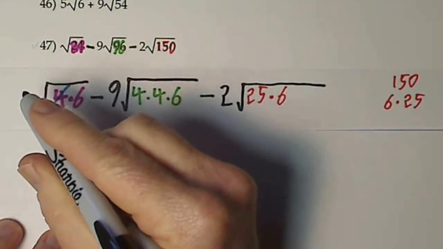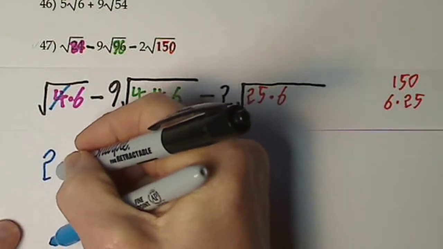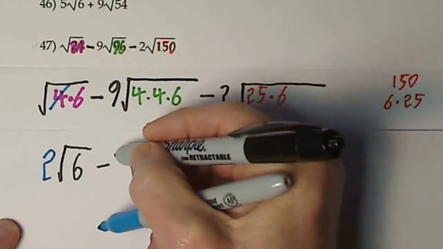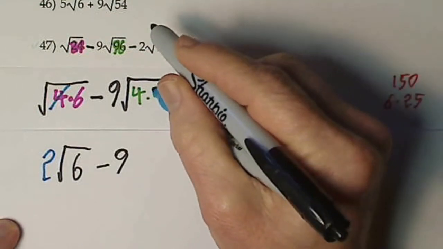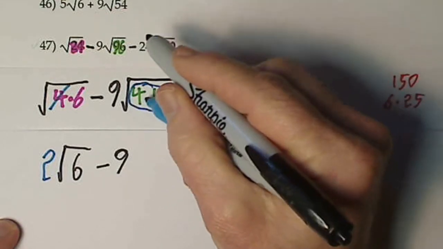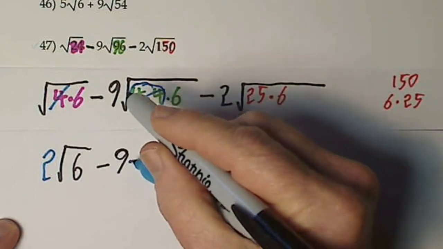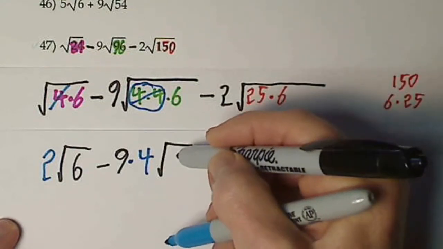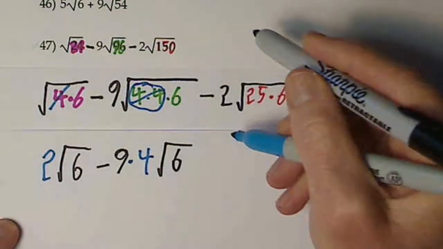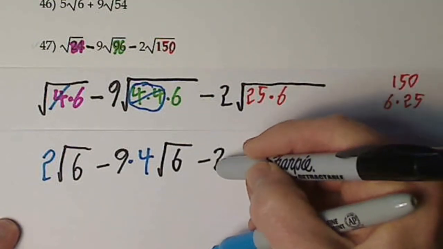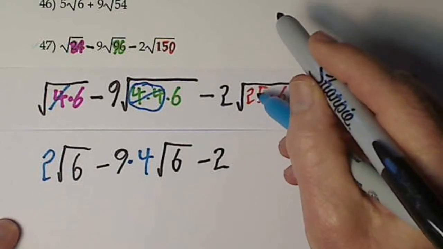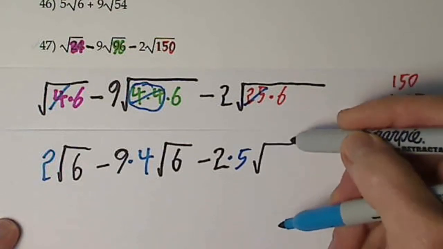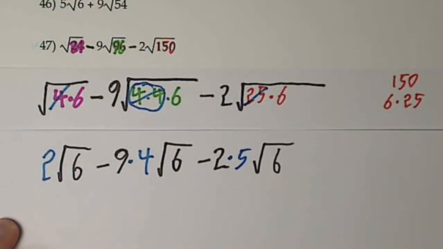Square root of 4 is 2, and we have radical 6. Bring down our minus 9. Okay. 2 of a kind. 4 times 4 is 16. So we bring out a 4. And this radical 6 is still trapped, so to speak. Bring down our negative 2. And the square root of 25 is 5. And again, we have our 6 trapped under the radical.